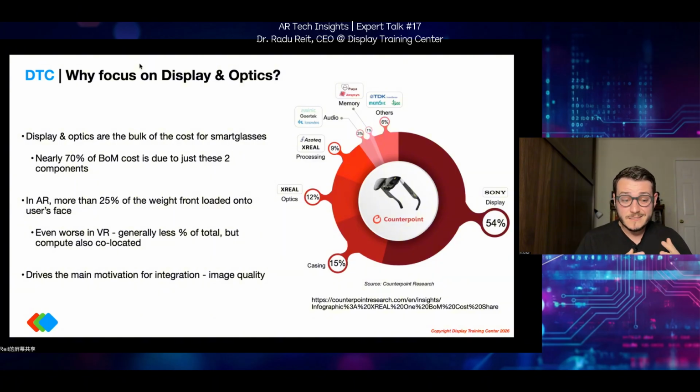But generally, this is ultimately about 25% or a quarter of the overall weight of your device, purely due to the optical solution. So it's even worse in VR. We won't talk about that necessarily today, but display and optics drives the price, drives the comfort, and ultimately drives why we're putting these things on our head in the first place, that there is an image quality that gives us sufficiently useful information when we need it.